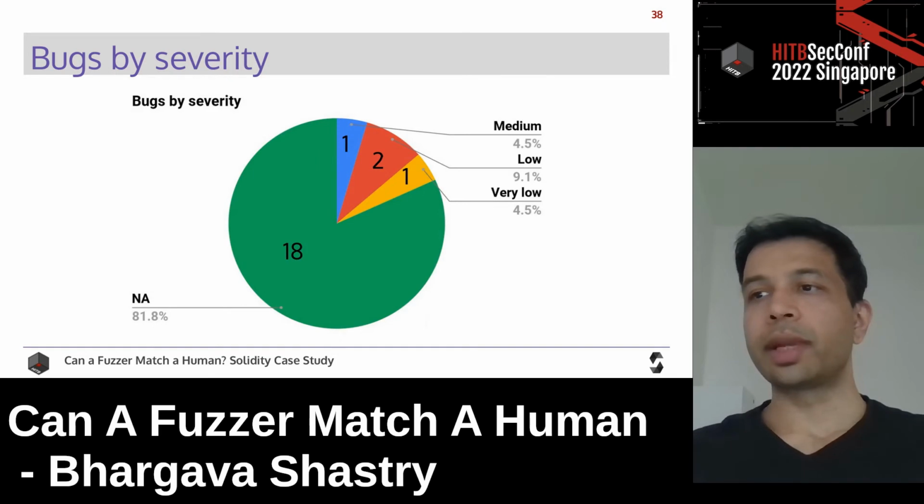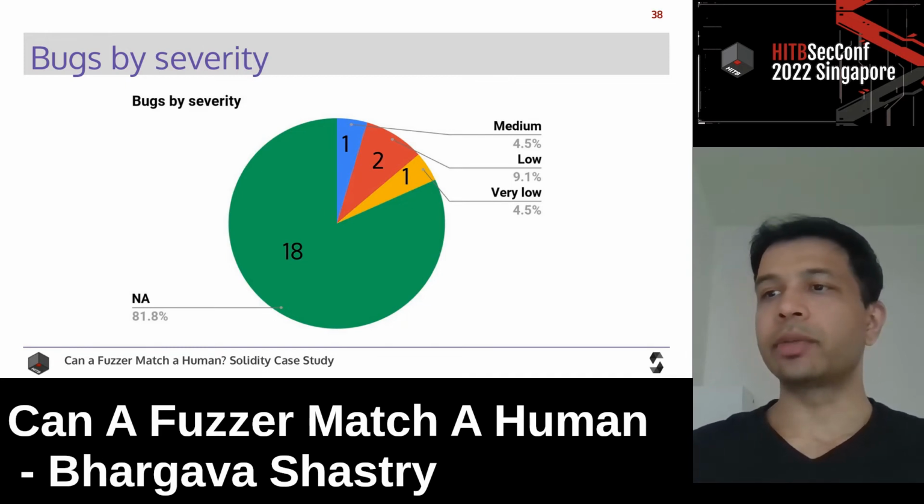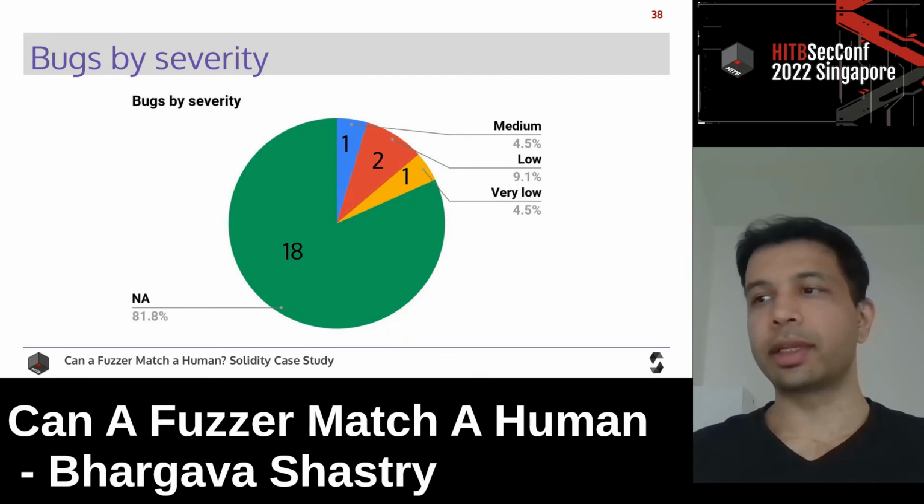If one were to break down the bugs by their severity, you would find that most of them have a low or a very low severity rating. Only one had a medium severity rating. This is either because they're easy to detect during regular smart contract testing, or that they require a series of prerequisites to be fulfilled for the bug to manifest itself, and satisfying all these prerequisites in most cases is a bit far-fetched.